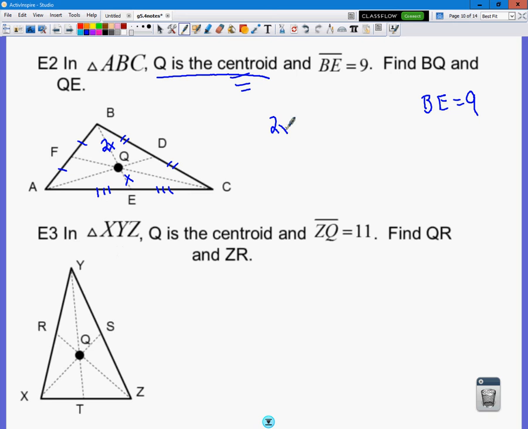Well, if I take 2x and I add x to it, it should be equal to the whole segment, which was 9. 2x and x is 3x, which means x is equal to 3, which means QE is 3, and BQ then must be what? 6. It's twice as big. And 3 plus 6 is 9.